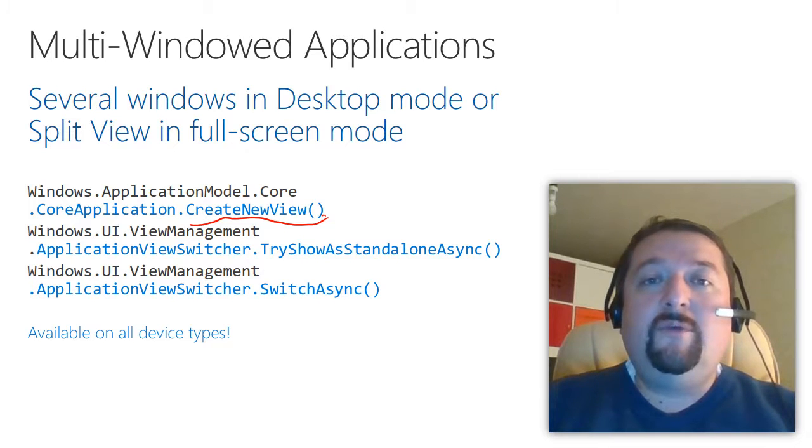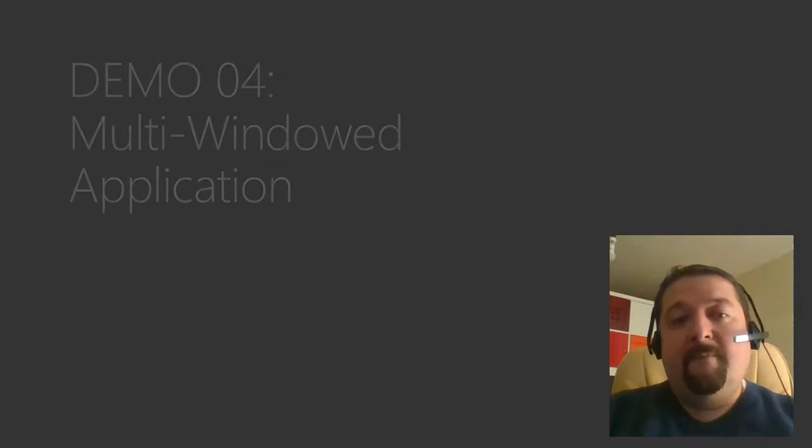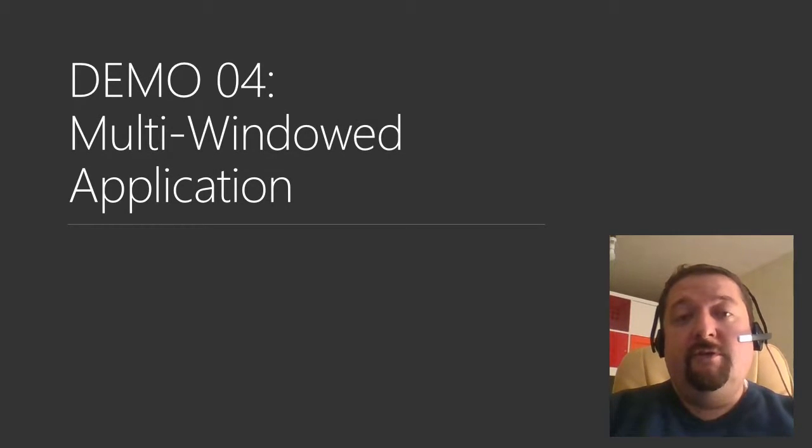So you can control which one of the windows of your application has focus. And what's nice is that those methods are available on all device types. They just might behave a little bit differently. So you should definitely check how your application works with multiple windows for different device types. I will also show you a short example of using this function in your application.